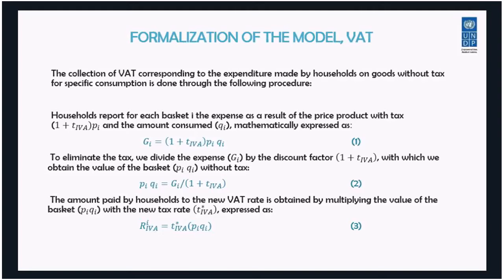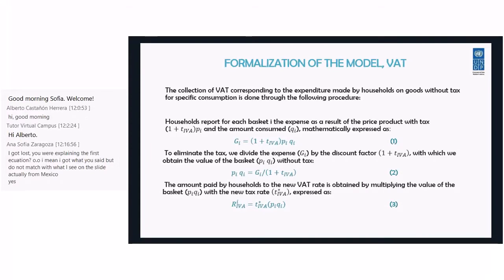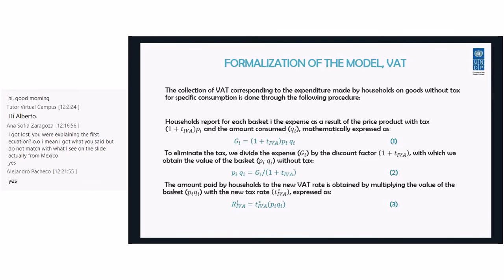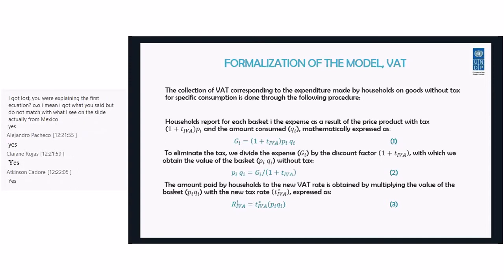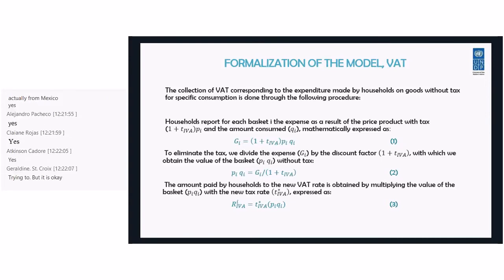Are you following me? Please reply in the chat if you are following me. Okay, and how about the rest? Cool, thank you very much. Okay, so this household consumed 3 liters of milk.